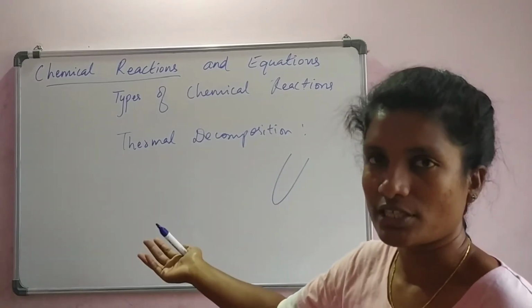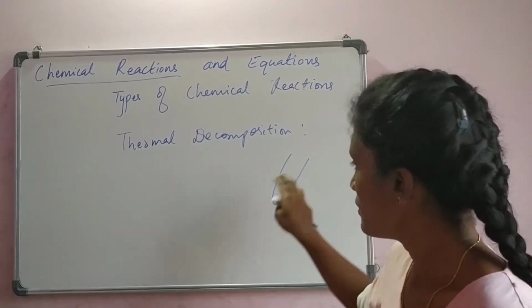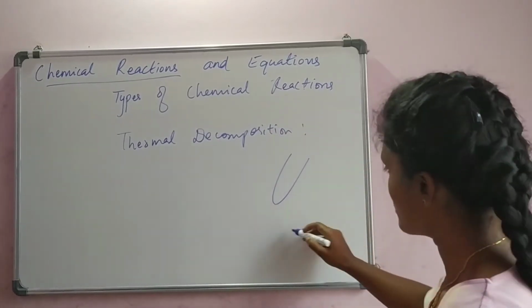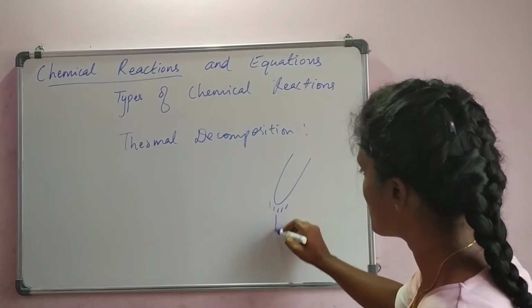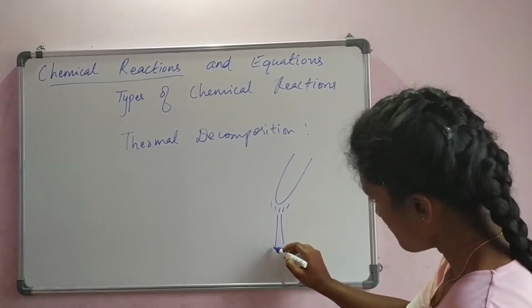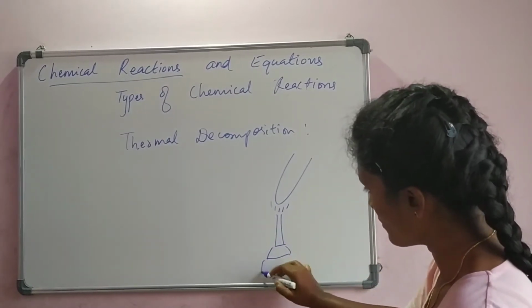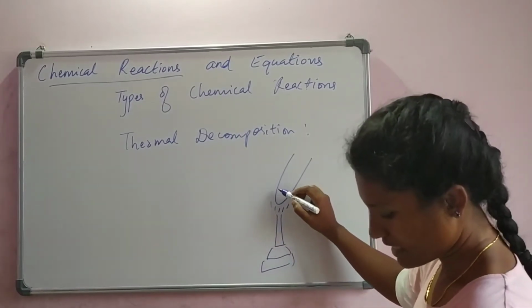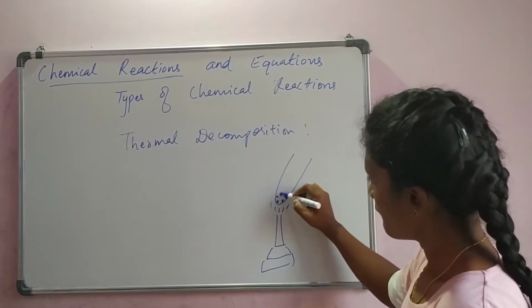Further, if you get any questions about describing an activity, give the diagram, steps and chemical equation. So this is a test tube. It is being heated, heat energy is being provided. Inside the test tube we have some materials.